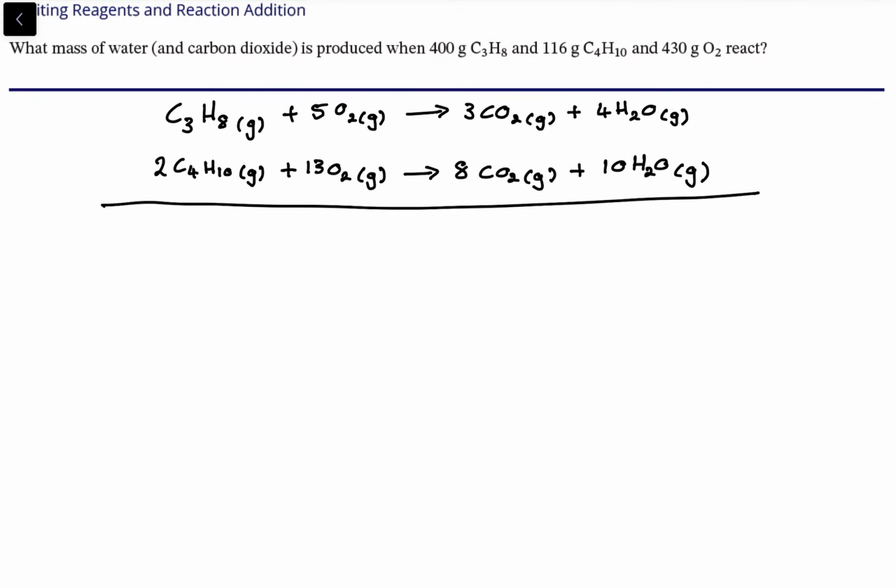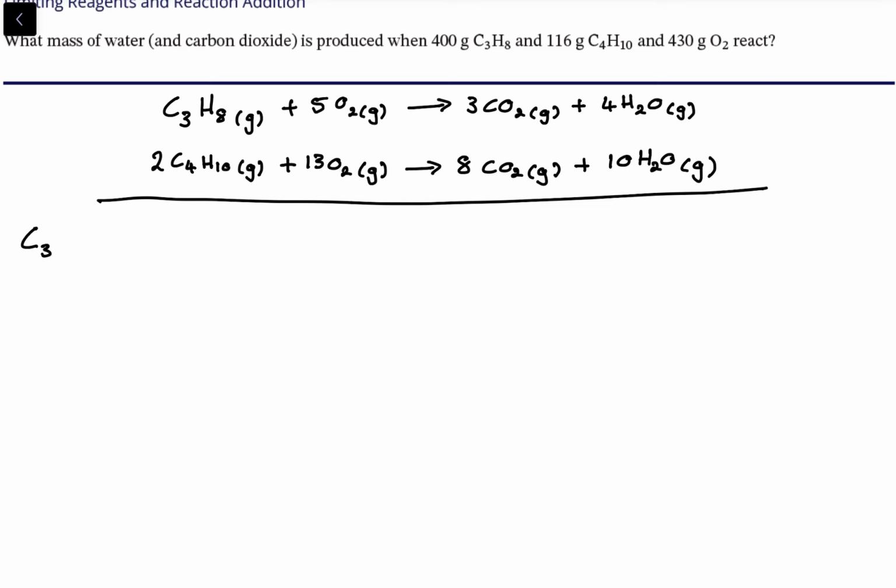We have propane, we have butane, and if they both react, they will react with a total of 18 mole of oxygen. So 1 mole of propane and 2 mole of butane will react with 18 mole of oxygen in total. You see how it doesn't really change the idea?